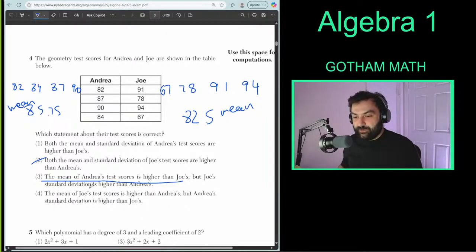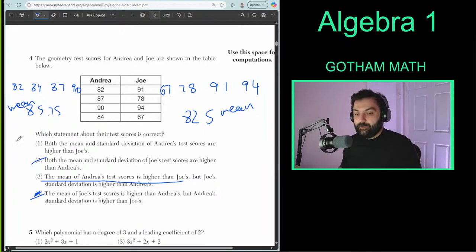But Joe's standard deviation is higher than Andrea's. Okay, so this is a possibility. The mean of Joe's test score is higher. No. All right, guys, so we arrived in between 1 and 3. Well, at least if you know how to do a mean, even if you don't know what the standard deviation is, that's at least what you can do to give yourself a 50-50 chance.